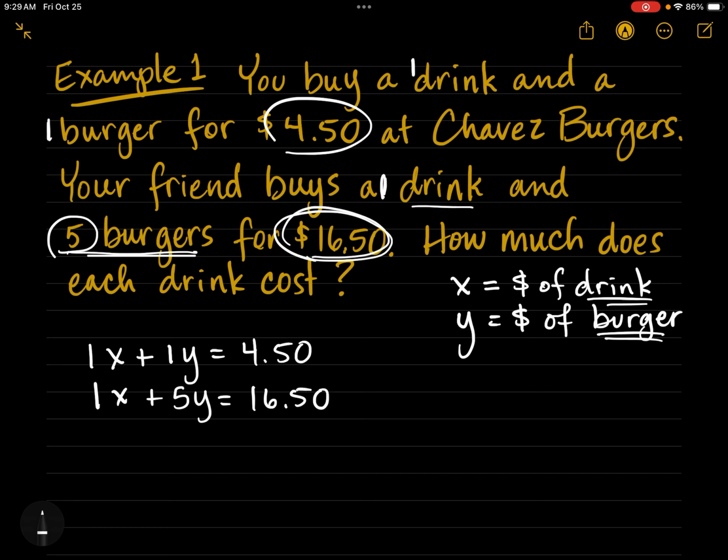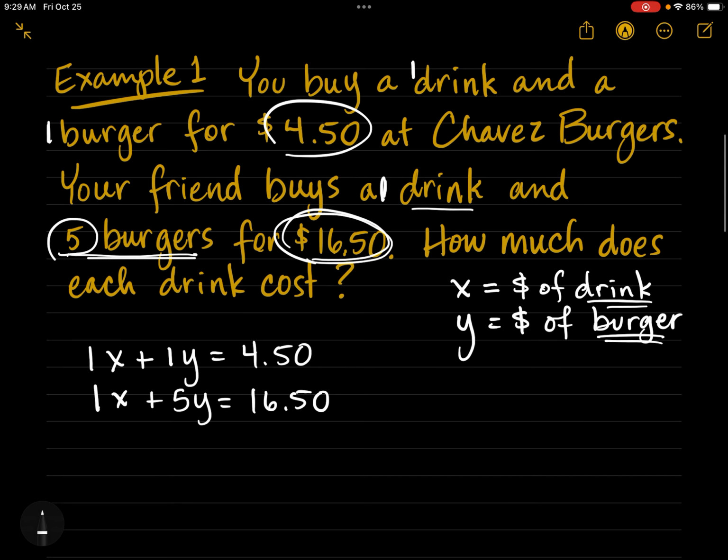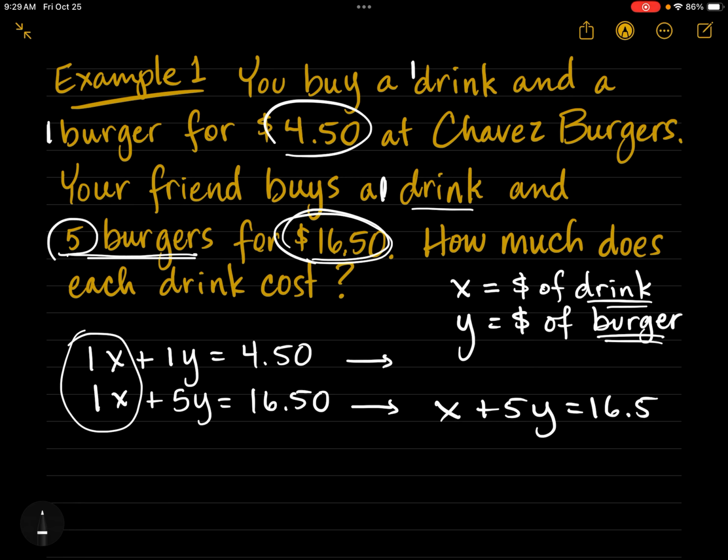Anyway, okay, so let's get organized. And I think this one would be best solved with elimination. I already have the X's with the same number. So I'm going to leave the second equation as is: X plus 5y equals $16.50.